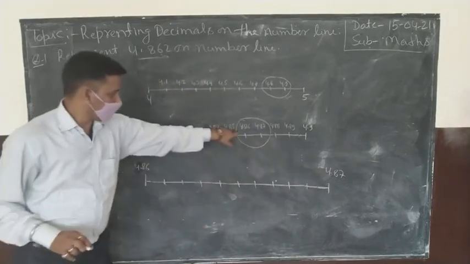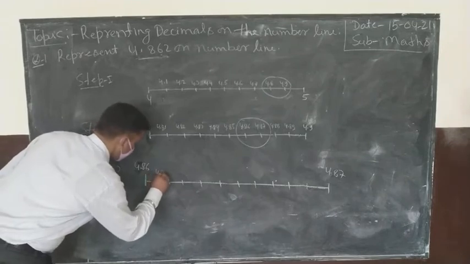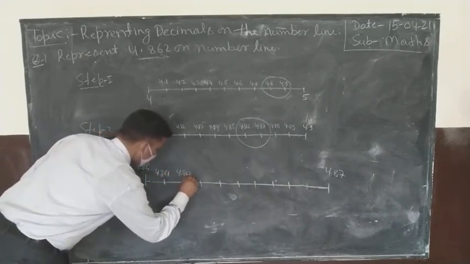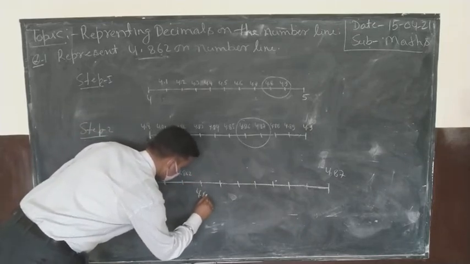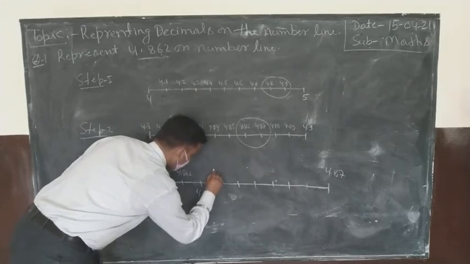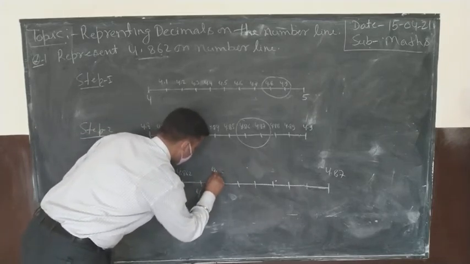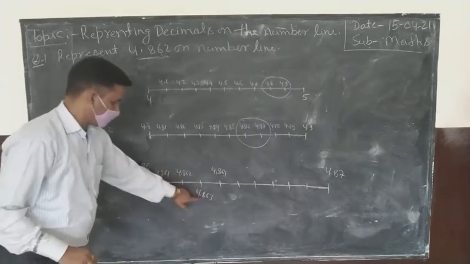But then 4.86, 4.861, 4.862, 4.863, 4.864, 1, 2, 3.